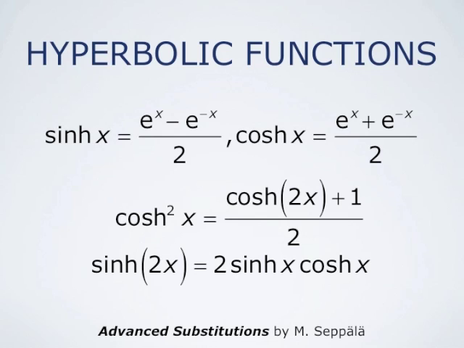So these formulas are similar to the formulas that the trigonometric functions satisfy. There are some differences, however, and this means that these hyperbolic substitutions can be used to compute certain integrals where the trigonometric substitutions do not work.